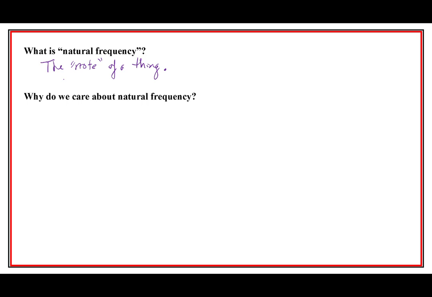So a natural frequency. Let's also take a look at the very main equation here that we want to care about. Here's omega, it's not W. Subscript little n for natural is the square root of K over M. This is often referred to as circular natural frequency, because it is in radians per second.